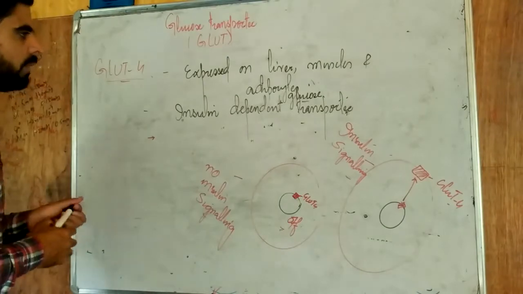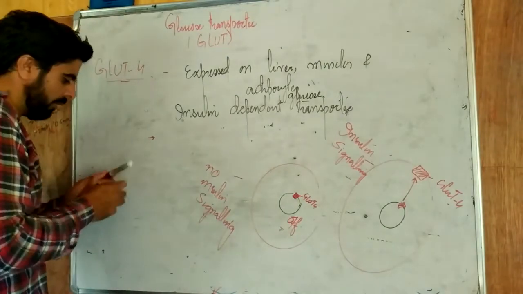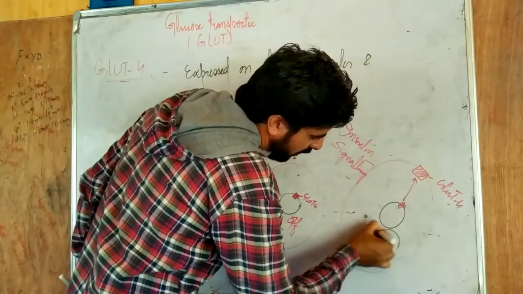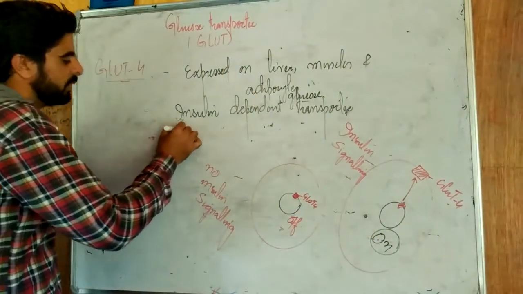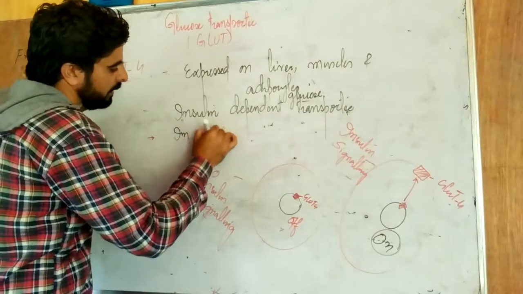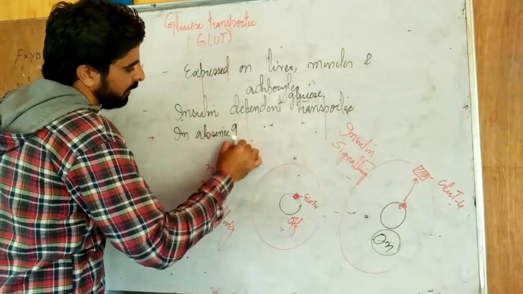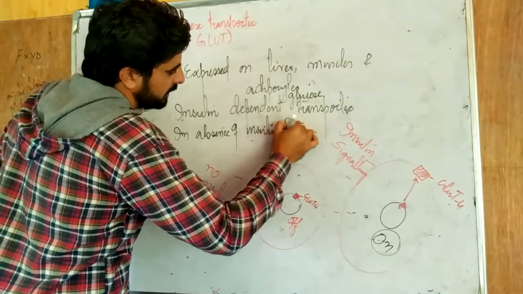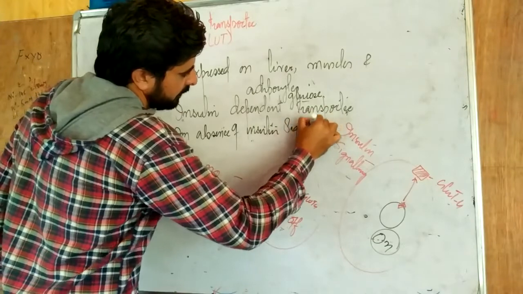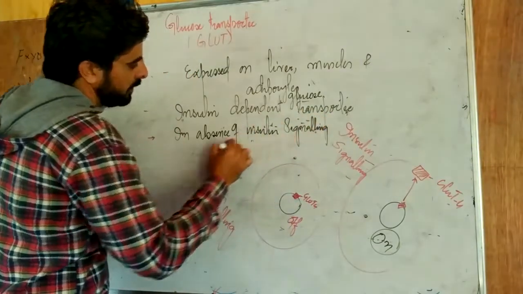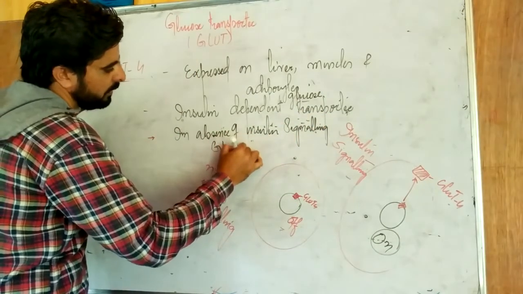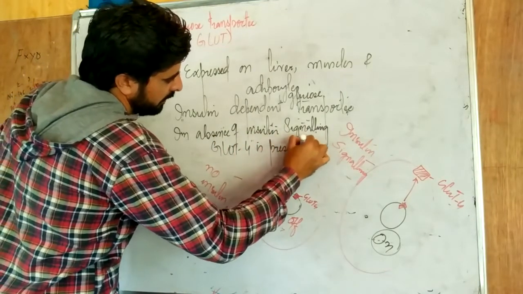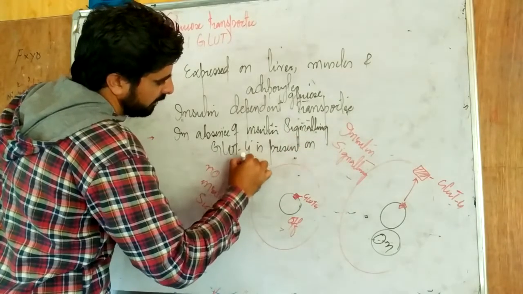So the most important thing is, this is the off condition and this is the on condition. So we can simply say, in absence of insulin signaling, GLUT4 is present on intracellular vesicle.